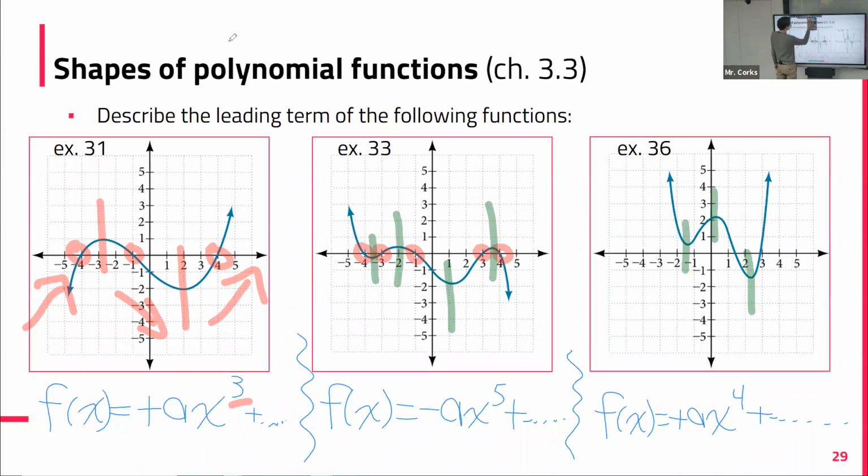Just to practice the turning point thing we talked about, 3 turning points. What is this first one? So I mean like minimum, maximum, local, global. Local minimum, okay. The second one here.